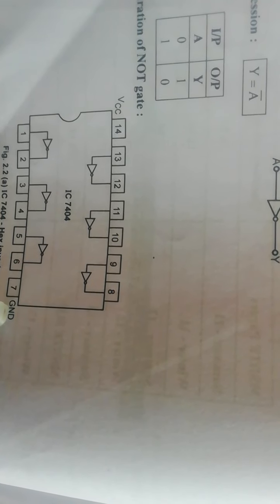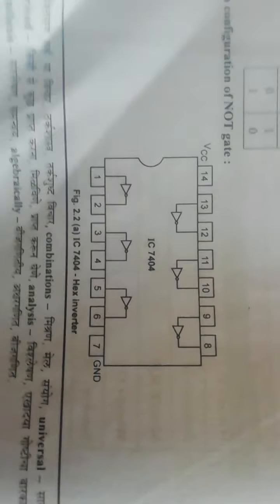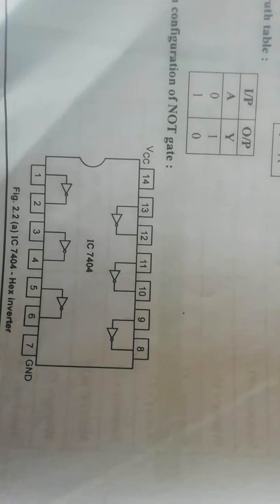This IC has 14 pins, 7 on this side and 7 on this side. Here pin 7 is ground, and VCC is the pin we connect to the power supply, while the ground pin we connect to 0.